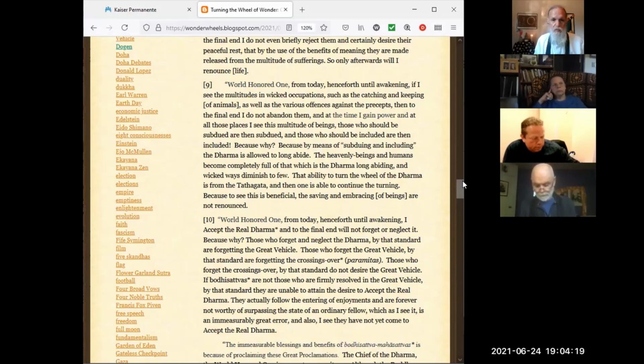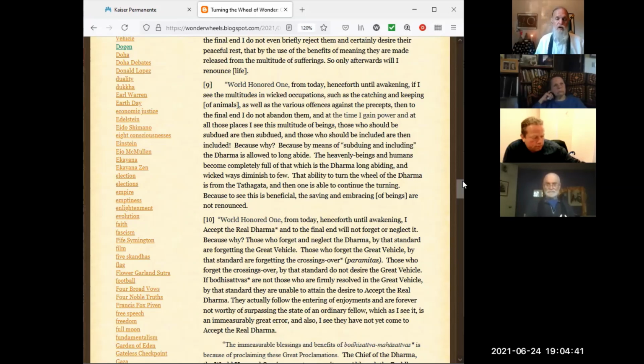Because to see this as beneficial, meaning to see everything above is to the benefit of beings, the saving and embracing of beings are not renounced, meaning, again, we're not going to give up on saving and embracing all beings. We'll do that as long as we can.